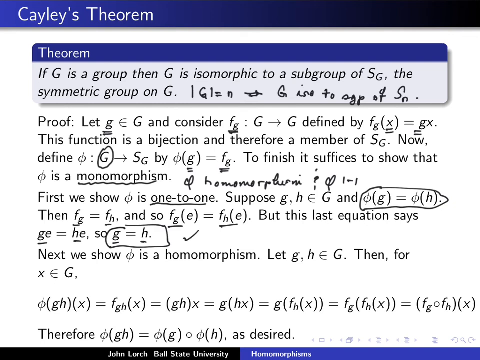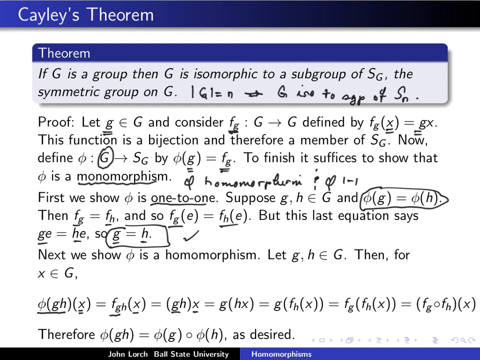So we start with two elements, g and h, in capital G. And now if you take some arbitrary element x in G, phi of the product g times h is a function that takes capital G to itself, and so we can apply it to an element x in capital G. So phi of g times h, that's f sub gh applied to x, which has the effect of multiplying x on the left by gh.